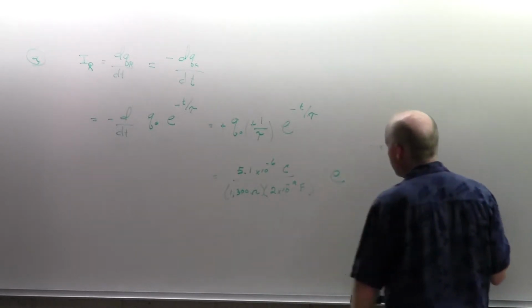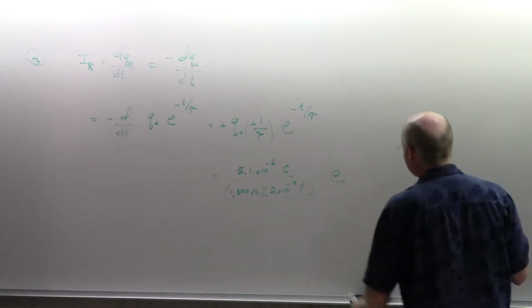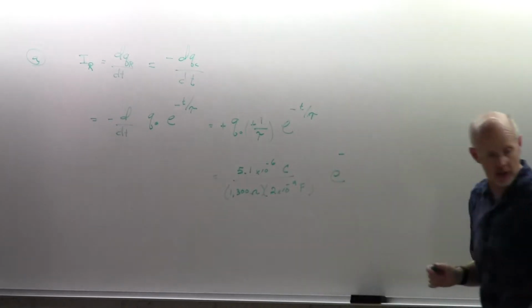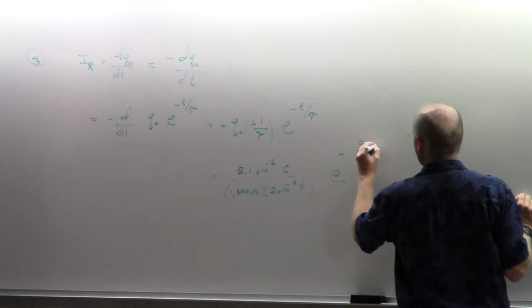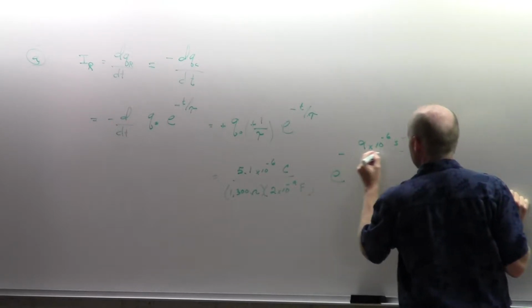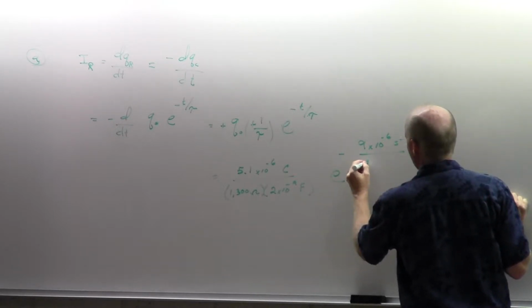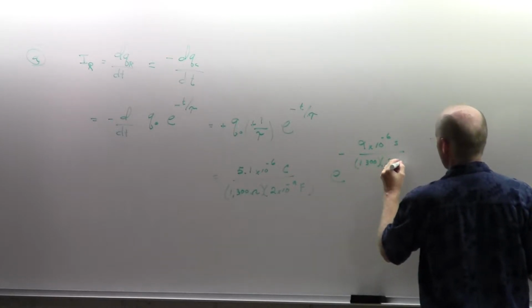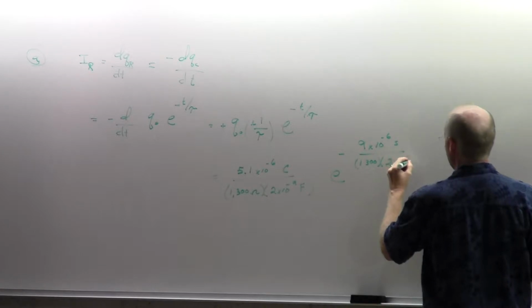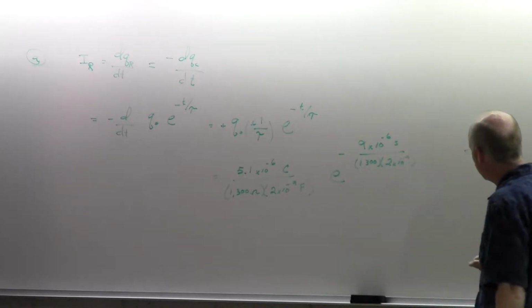This would be e to the minus, and how much time did they want? 9 microseconds. So 9 microseconds here over this 1,300 times 2 times 10 to the negative 9.